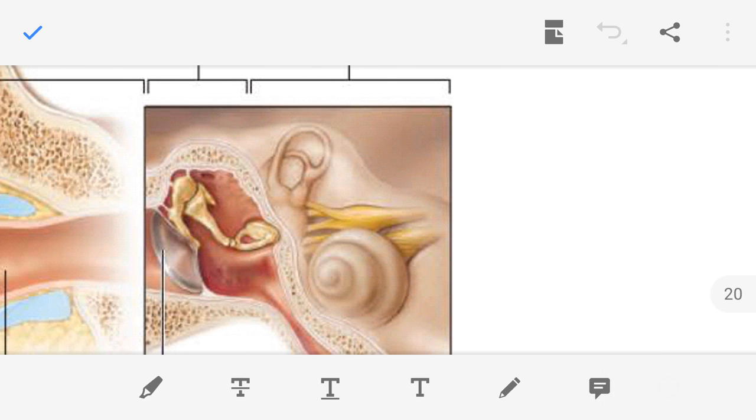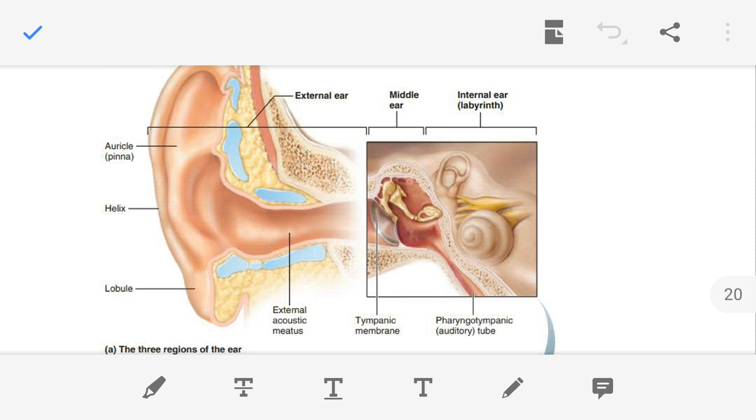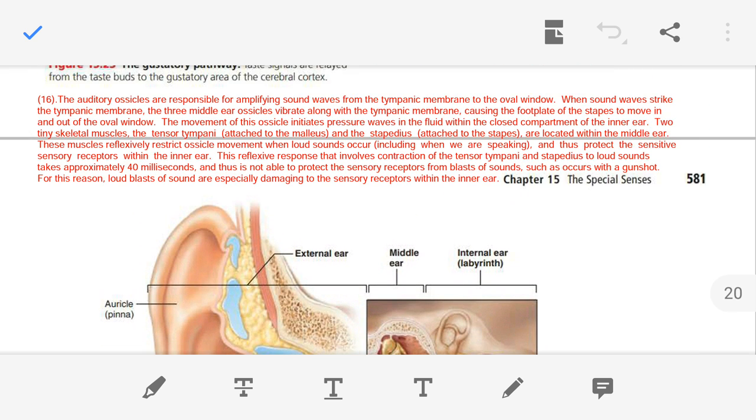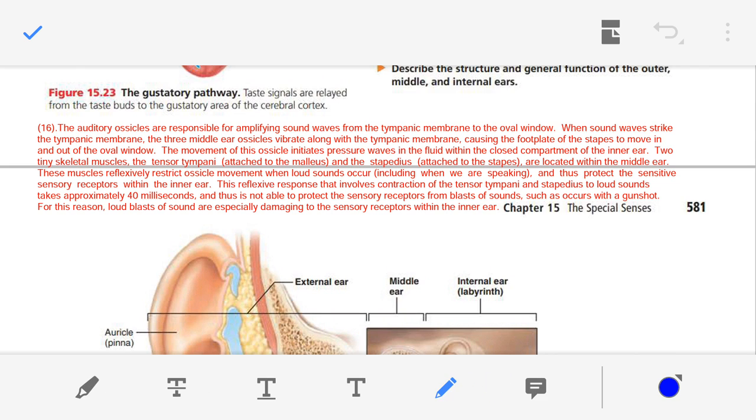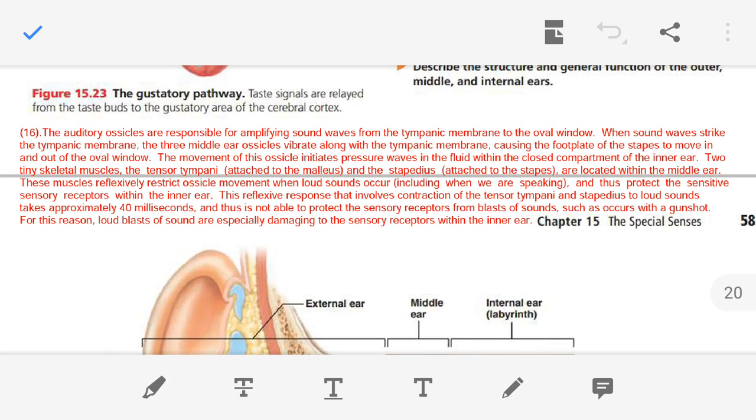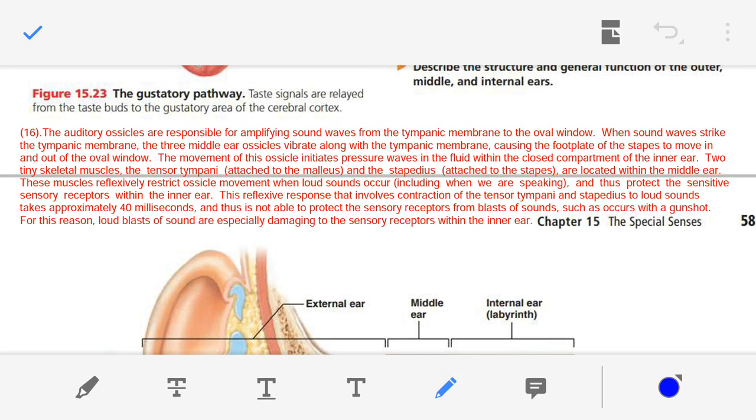In the structure of the inner ear, we know there is fluid, and the receptor cells are also present. So see, the sound wave strikes the tympanic membrane. The three middle ear ossicles vibrate. Vibration is passed to these three middle ear ossicles.